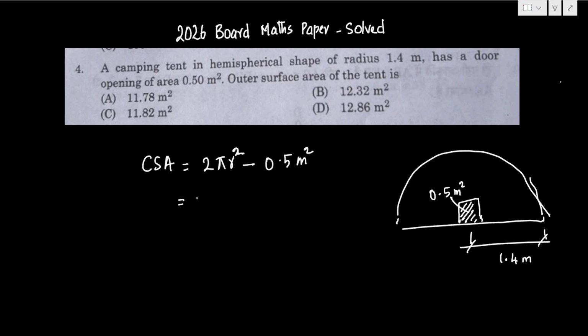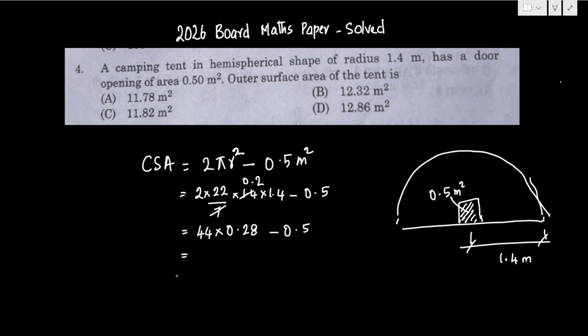So now substituting the values, we get 2 into 22 by 7 into 1.4 into 1.4 minus 0.5. 7 into 0.2, and 2 twos are 4, so 44 into 0.2 into 1.4, this is 2.8, which is 0.28 minus 0.5.